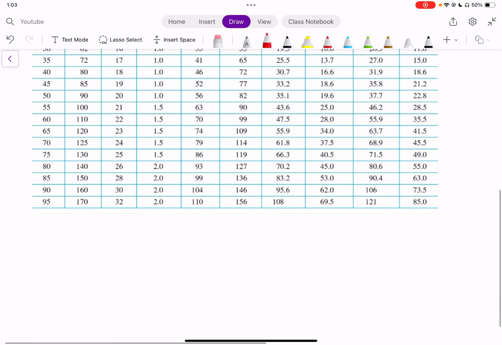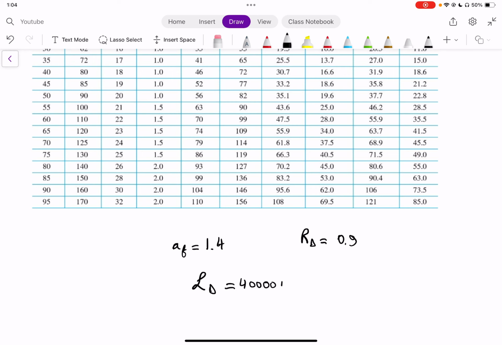Okay, so we go ahead and write down all the information from our problem. We can say that AF is equal to 1.4. That's the application factor, or in other words, the safety factor. We know that our reliability desired is 0.9, which is going to simplify our problem a little bit, and we'll see how. Then our life desired in hours is going to be equal to 40,000 hours. That's 40 kilo hours.